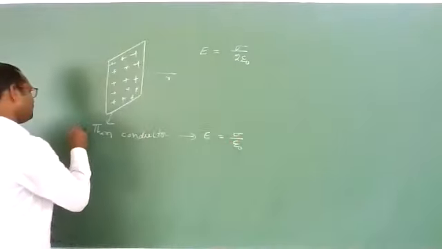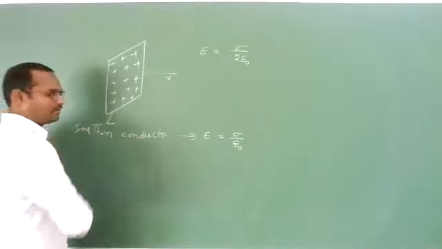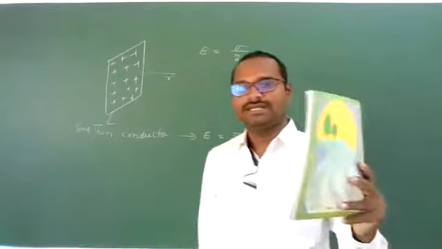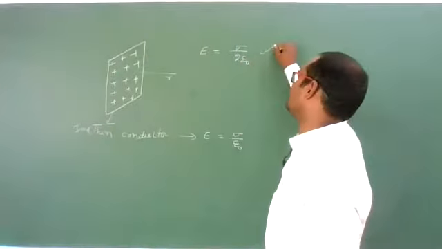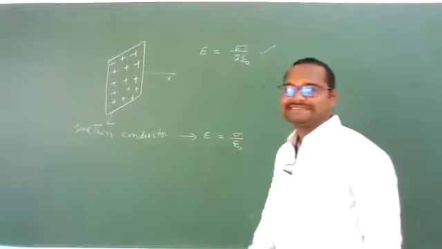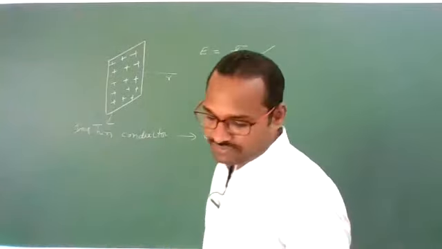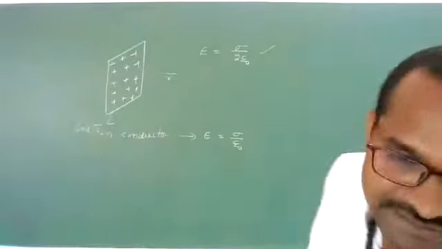Yes, it is important, you need to remember this. For just a sheet like this, a thick sheet, you will get sigma by 2 epsilon naught. Whereas for a conductor, the electric field is sigma by epsilon naught. You need to remember this formula, very important. Sir, how will we get it, sir?